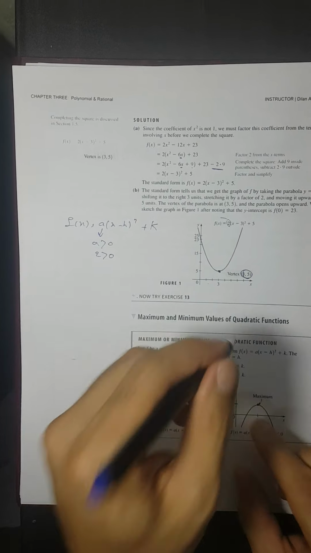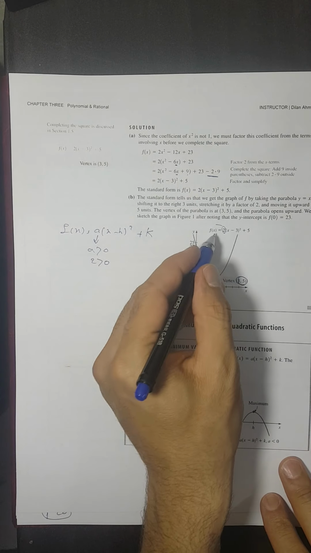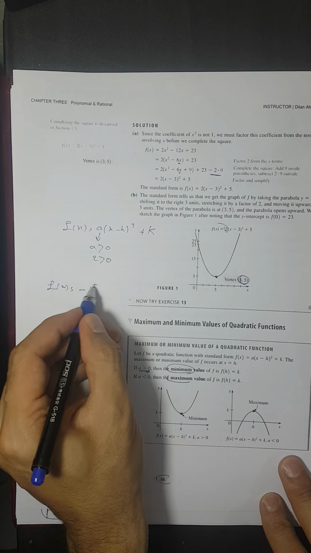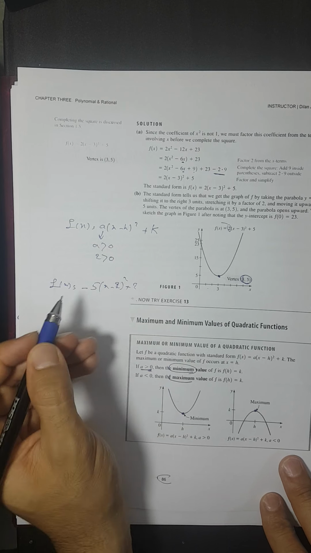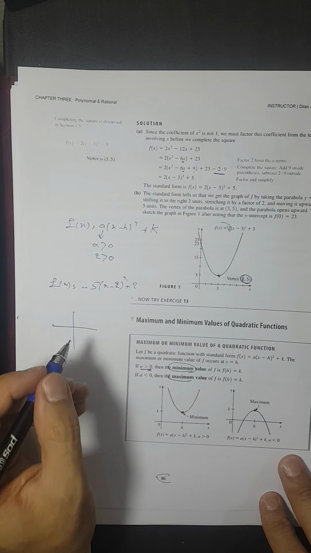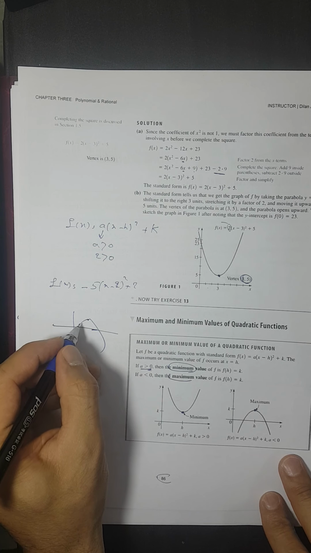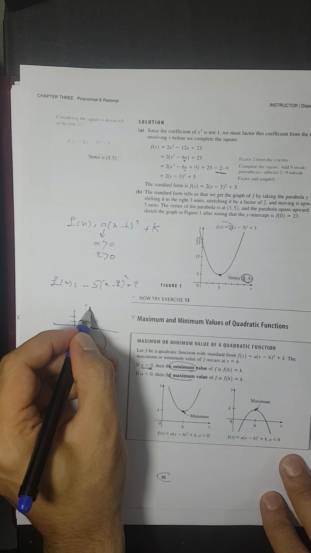That's it. So in case a is negative, for example, I will change my example to another example, f of x equals minus 5(x minus 2) squared plus 2, and you know the shape will be something like that, right? So here's 2 and 2.